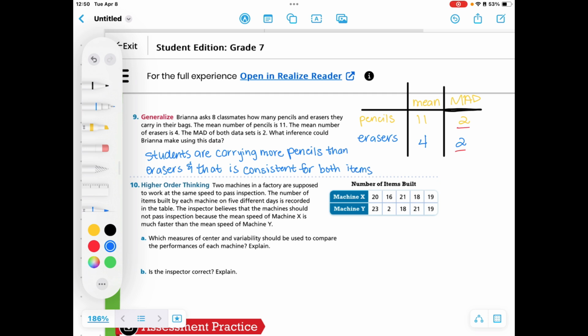Meaning that that's just typically going to be the same as that. No matter who you go up to, people will typically have more pencils than erasers overall.